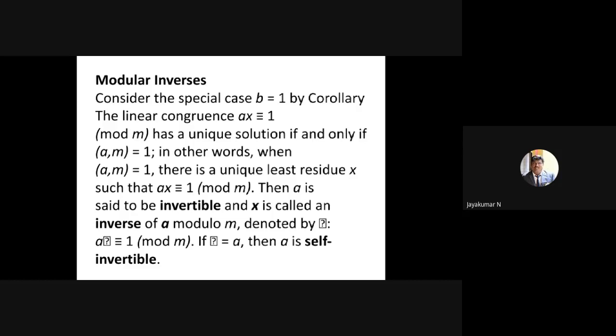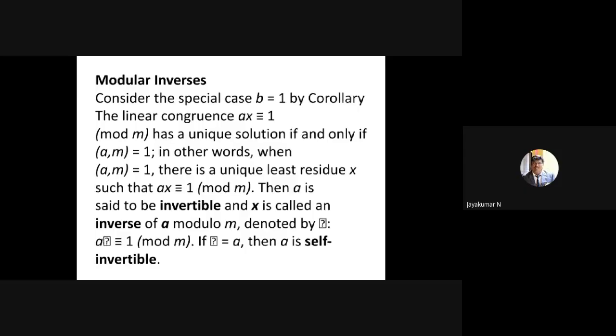If you put x equal to A inverse, then A into A inverse is congruent to 1 mod M. If A inverse is equal to A, then A is self-invertible. Very simple: Ax congruent to 1 mod M means x is an inverse of A modulo M.